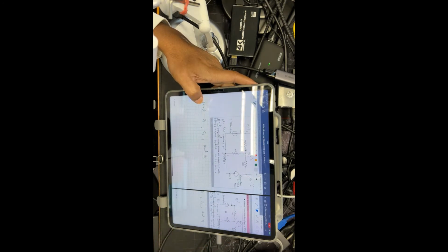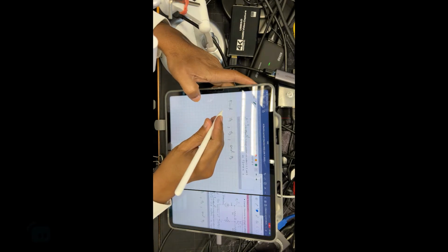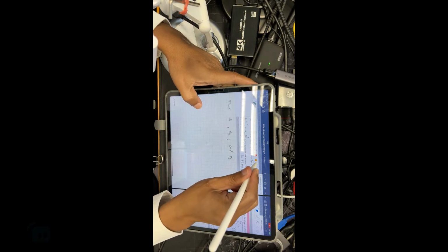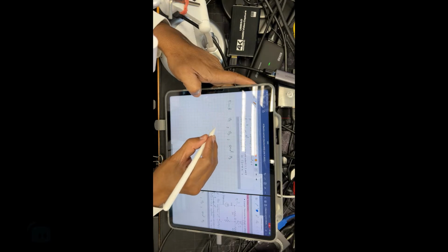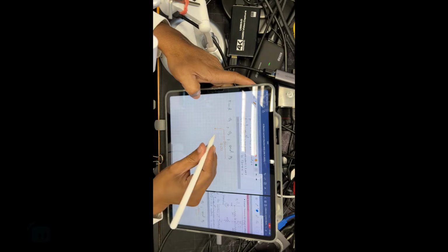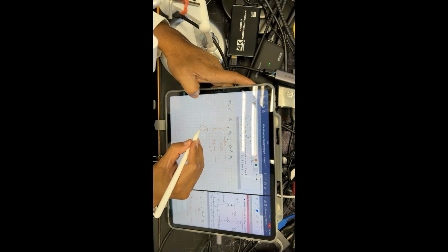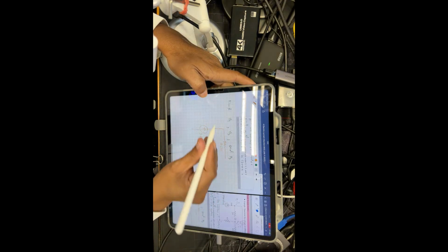It is connected to 3 branches, this branch and this branch. This one is 4 ohm. This one is 2 ohm. And this one is a current source, going up with 3 ampere. Okay, that's the node number 1.